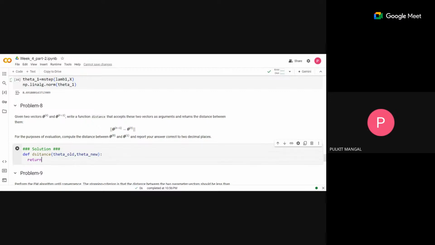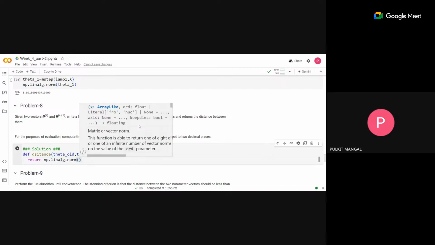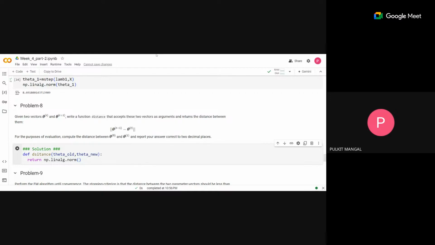And what will it return? The distance between them, that is np dot linalg dot norm of theta old minus theta new. I hope this function is pretty simple.